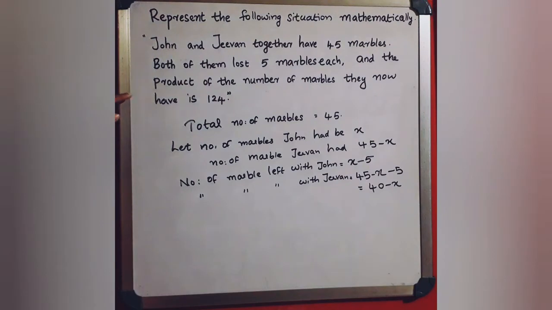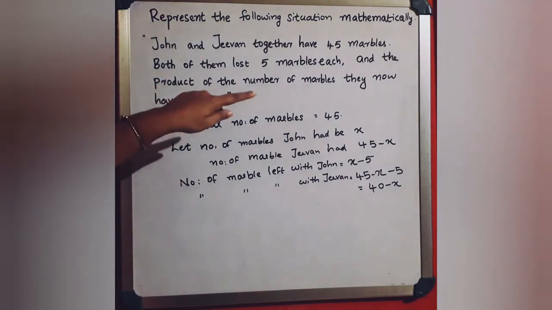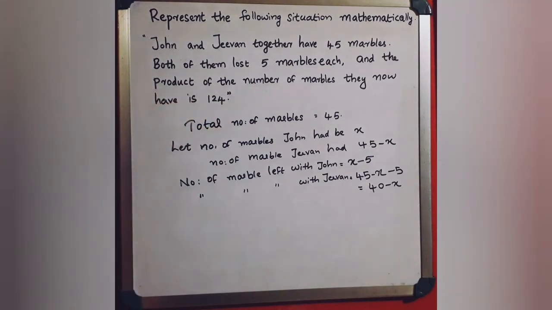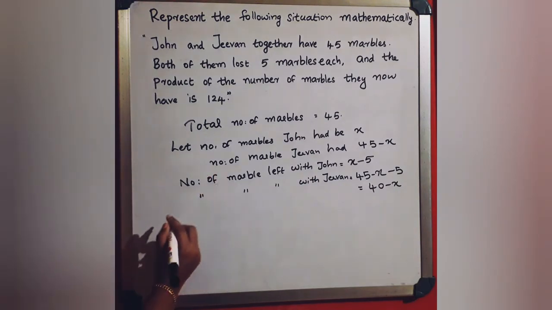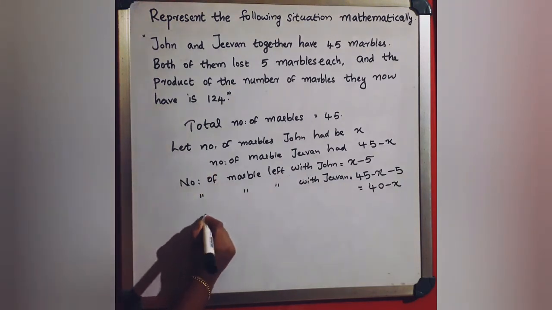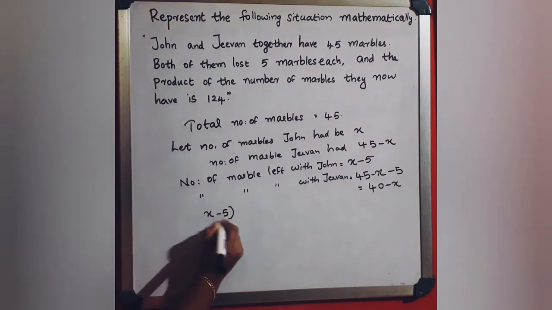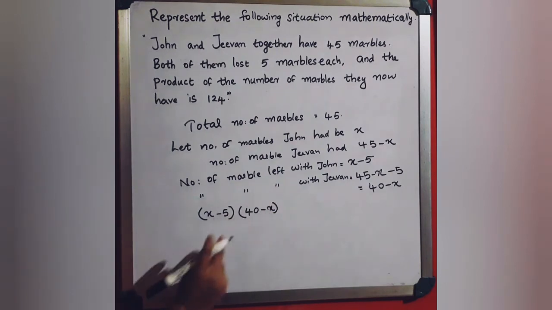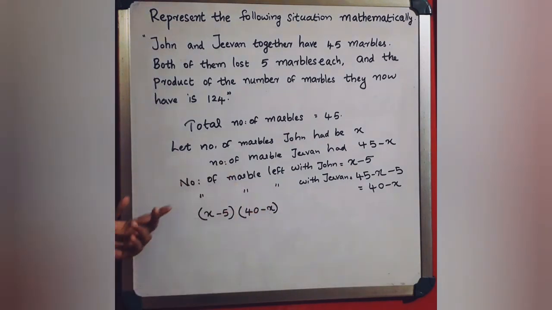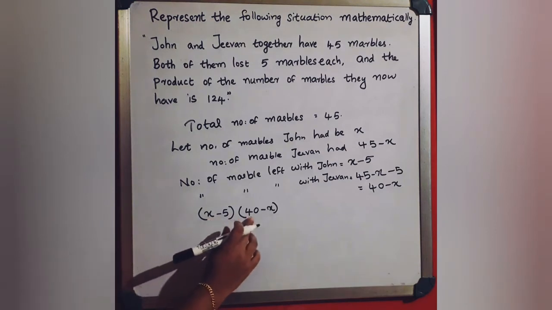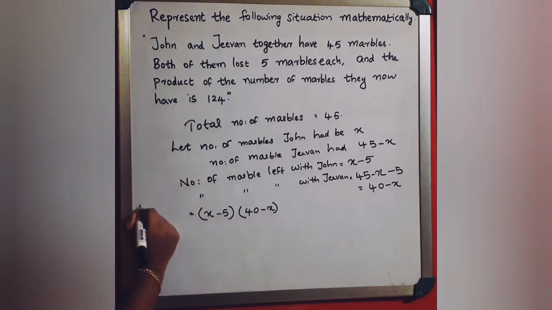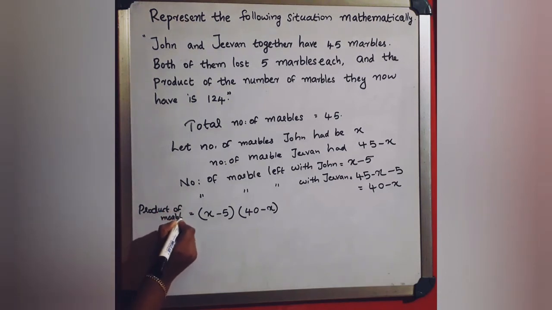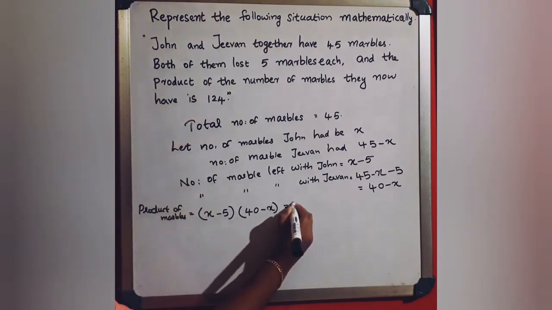The next line is: the product of the number of marbles they now have is 124. That means the product of the marbles is x minus 5 into 40 minus x. The product of the marbles means just multiply these numbers of marbles. So x minus 5 into 40 minus x is 124.